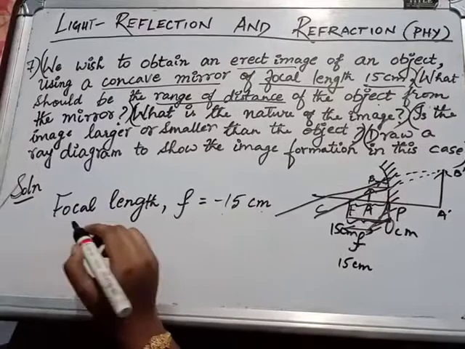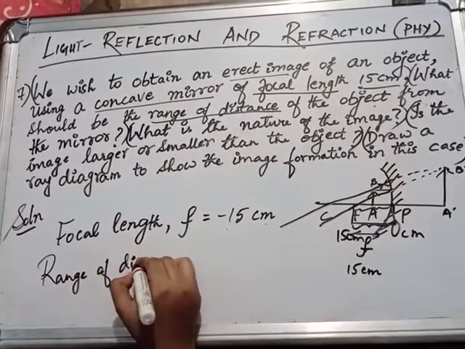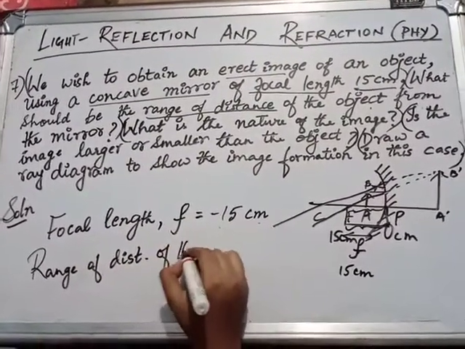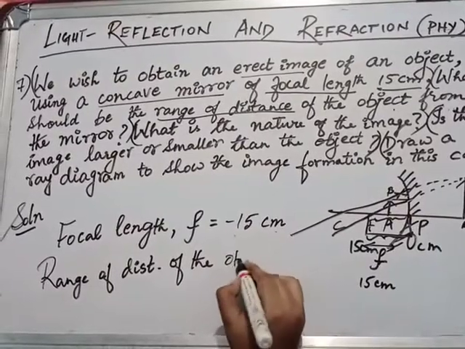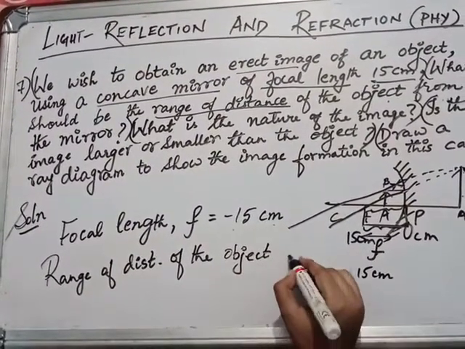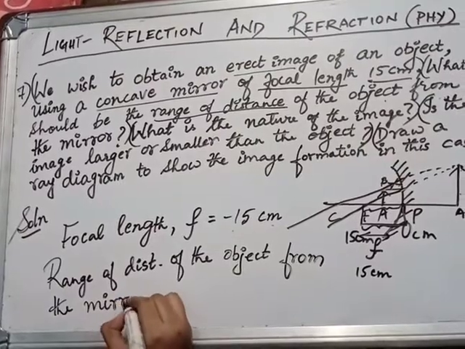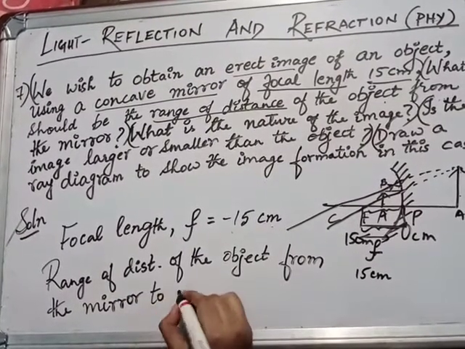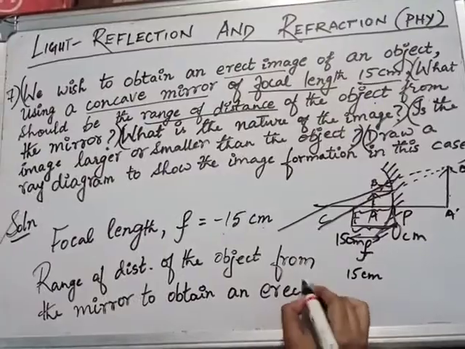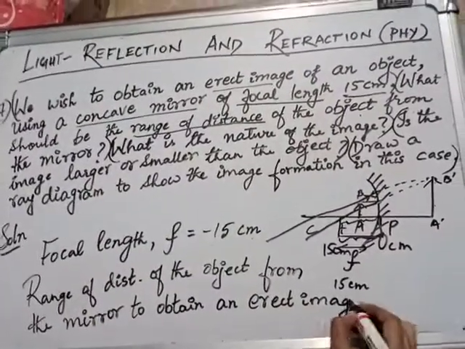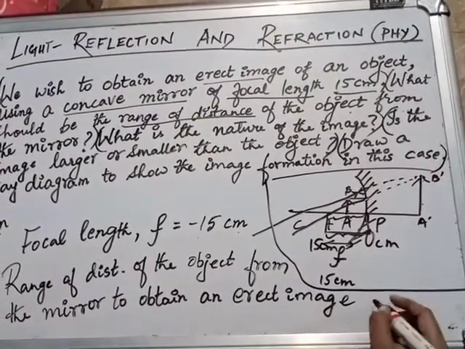So the range of distance of the object from the mirror to obtain an erect image is, what is the range?